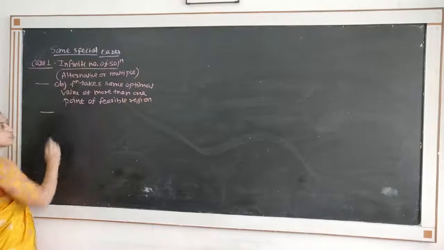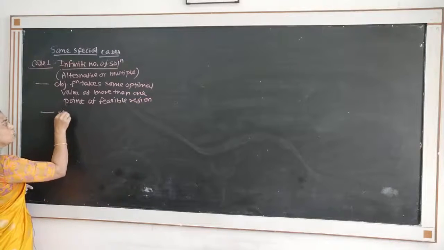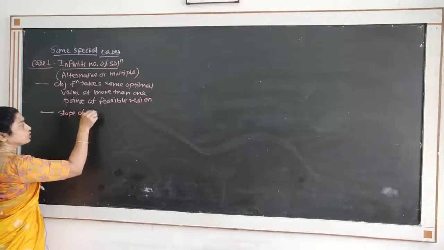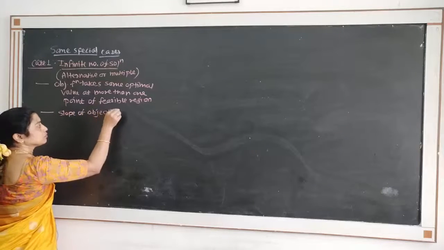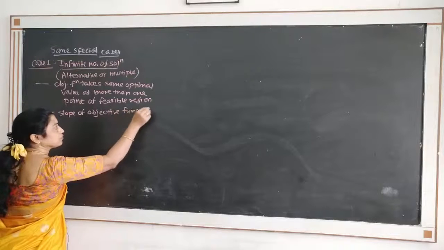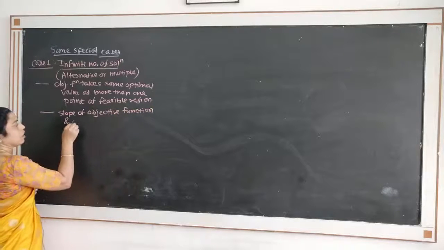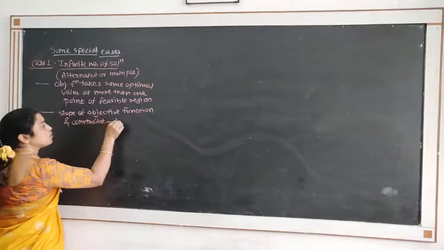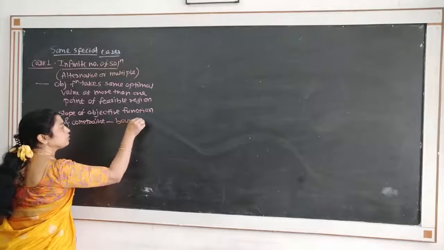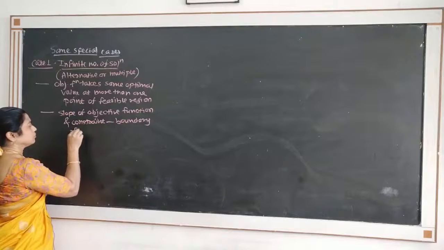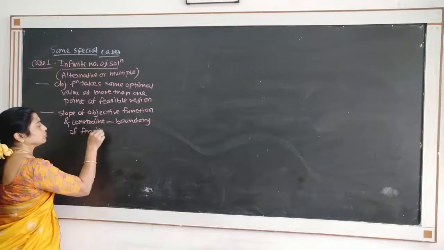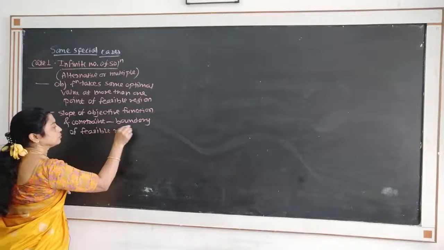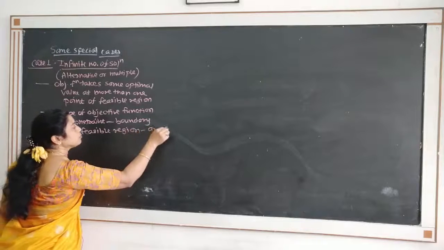This case happens only when the slope of the objective function and the constraint, which is the boundary of the feasible region, are both the same.